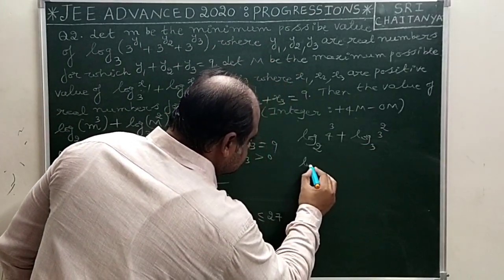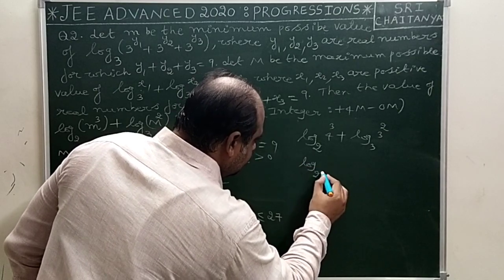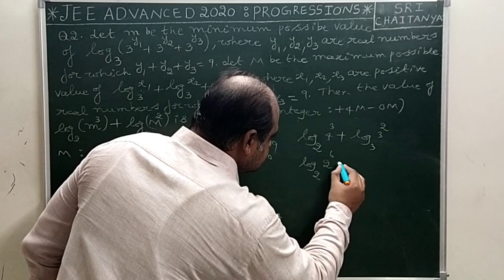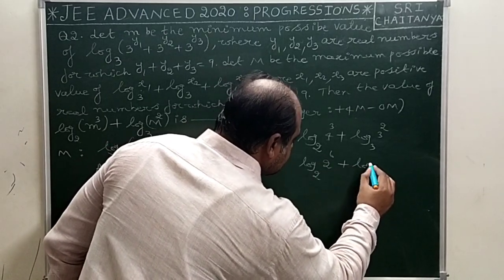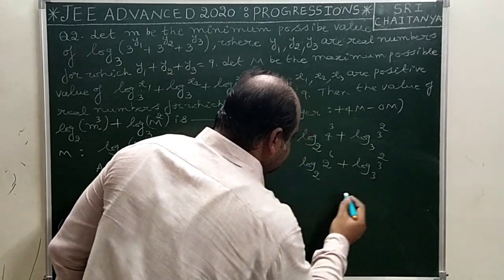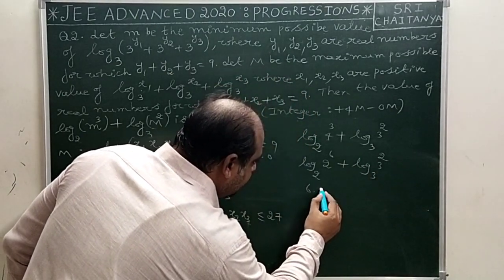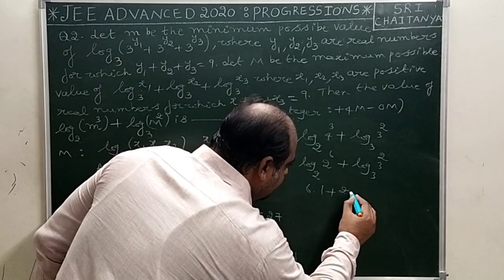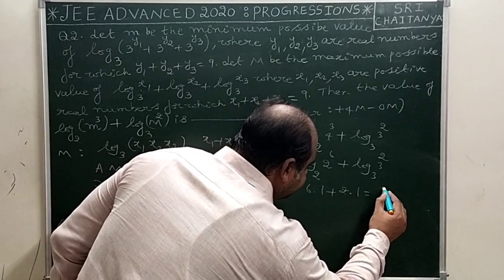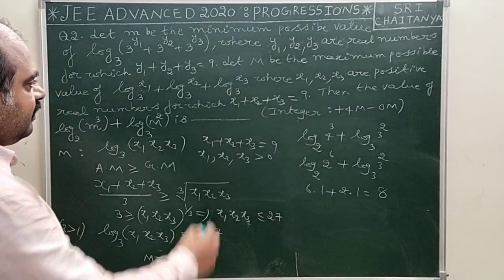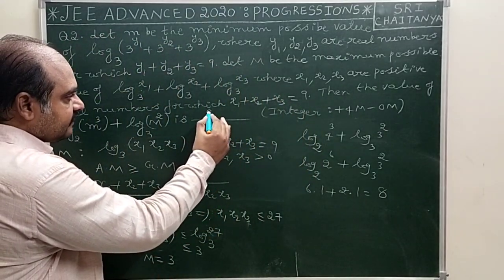That means log 2, this is 2 power 6, plus this. So 6 into log 2 to the base 2 is 1, and 2 into log 3 to the base 3 is 1. So the answer is what? 8. Therefore, your required answer is 8.